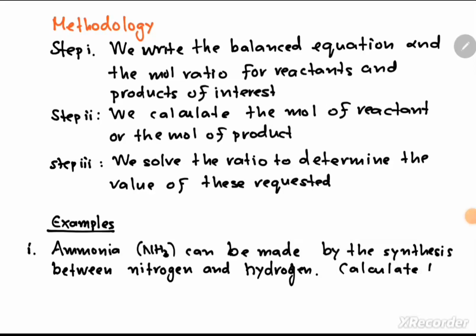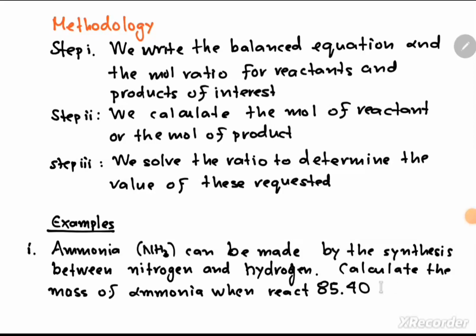Calculate the mass of ammonia when react 85.40 grams of nitrogen. Let's see the solution.